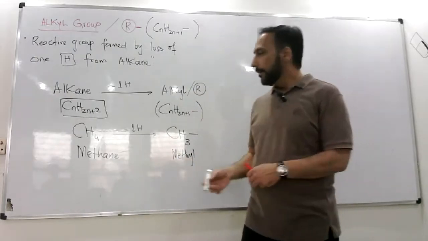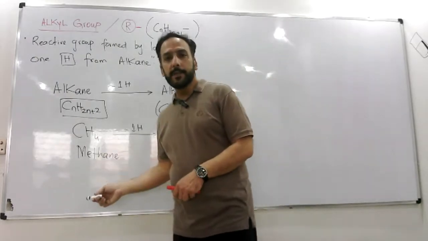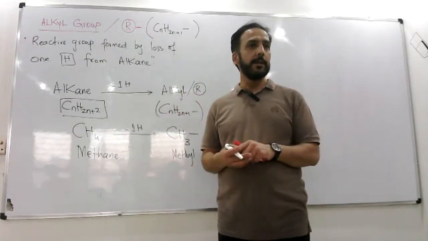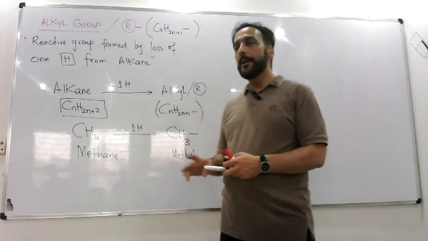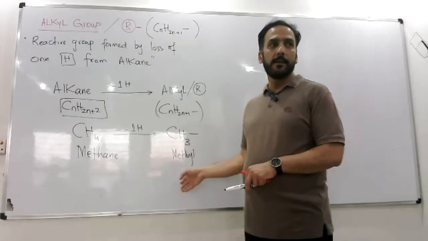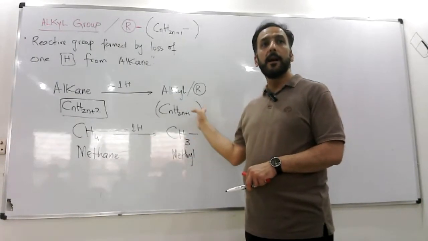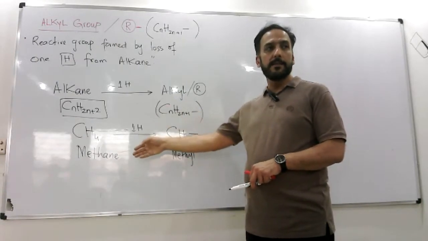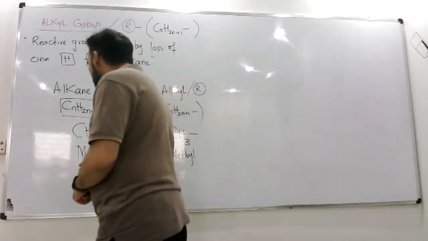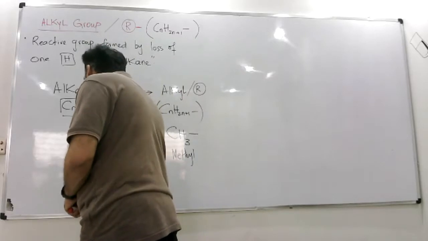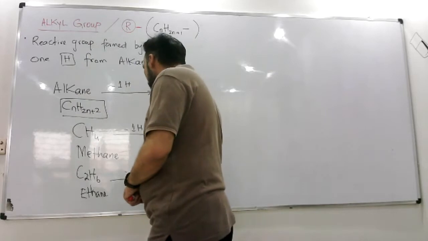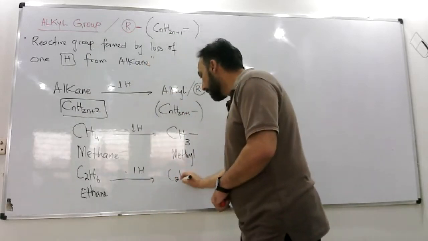What's the next alkane after methane? Ethane. So the reactive group from ethane: ethane is C2H6, right? If I make it reactive by taking one hydrogen out, it becomes C2H5.